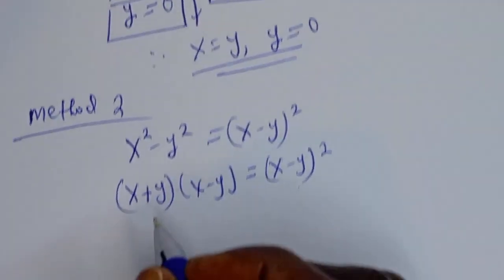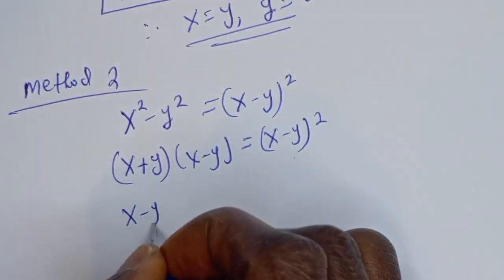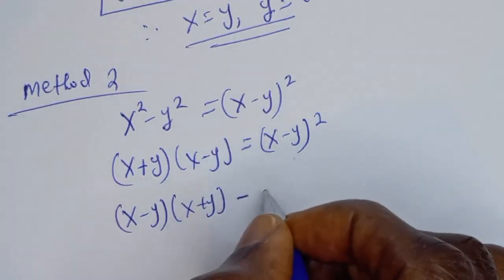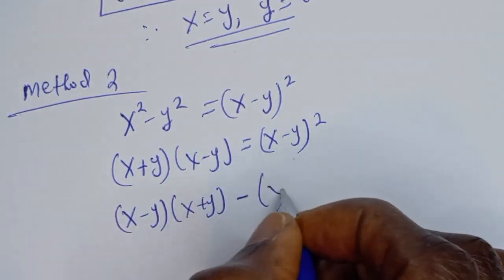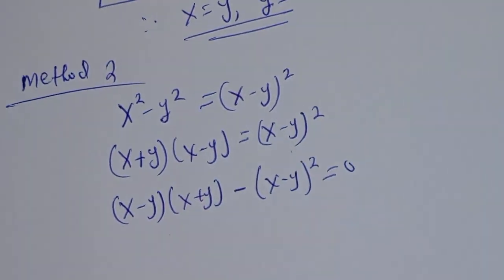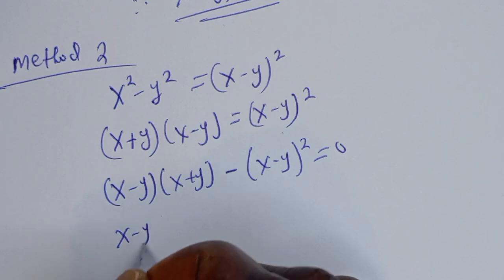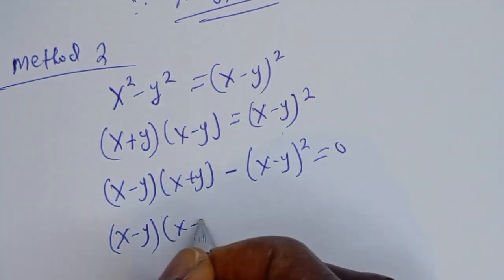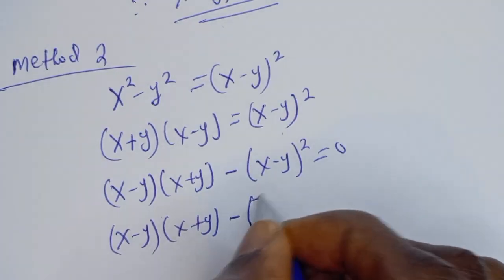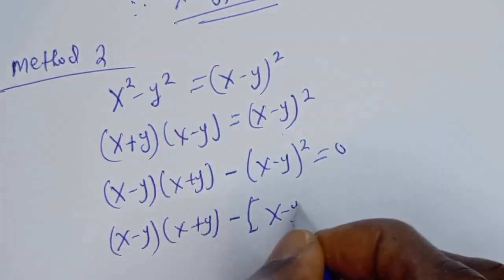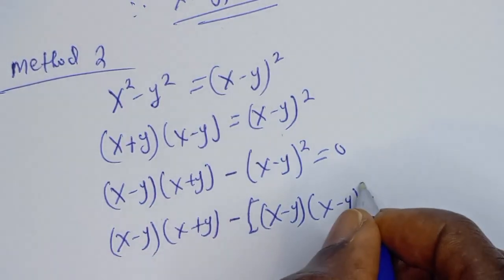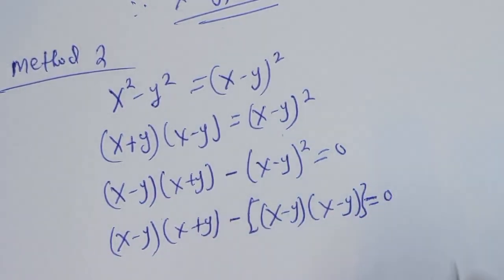Then let's bring it to this side. You have (x minus y)(x plus y) minus (x minus y) squared is equal to 0. So here is (x minus y) bracket (x plus y) minus, this can be written as (x minus y) multiplied by (x minus y), everything equal to 0.